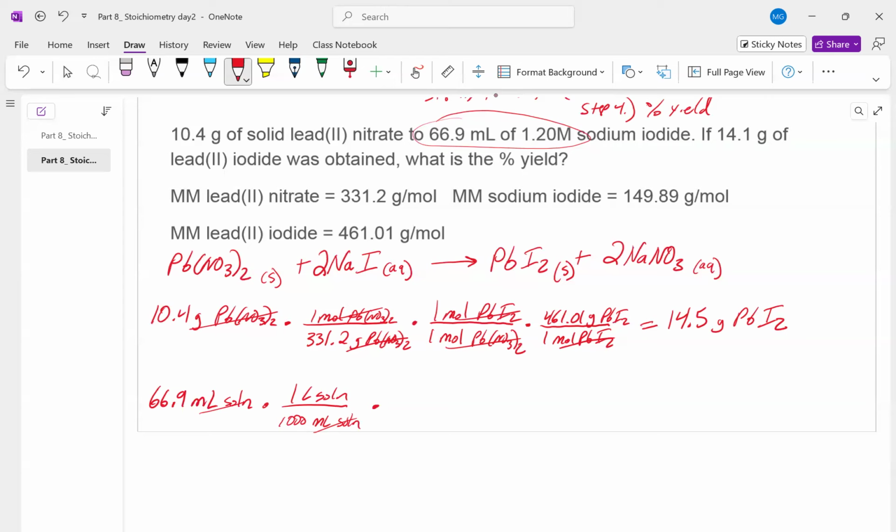Now, how do I get to moles with a volume? I use the molarity. That molarity means I have 1.20 moles of sodium iodide in 1 liter of solution. Okay, so liters of solution cancels out. Now I got to moles, so let's get to moles of the product. The balanced equation says 2 moles of sodium iodide will make 1 mole of lead iodide.